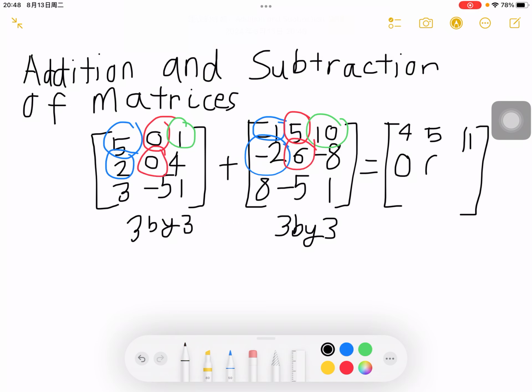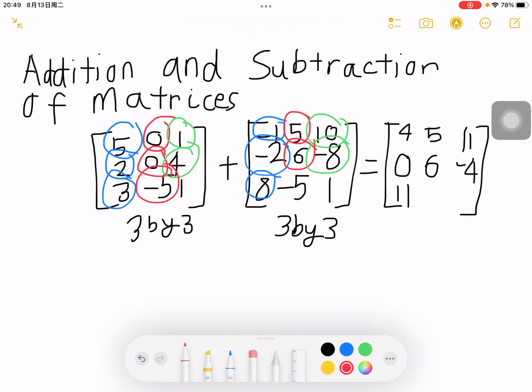Then we have 4 plus negative 8, which is negative 4. And then we also have 3 plus 8, that's 11. We have negative 5 plus negative 5. This means this is negative 10. We also have 1 plus 1.